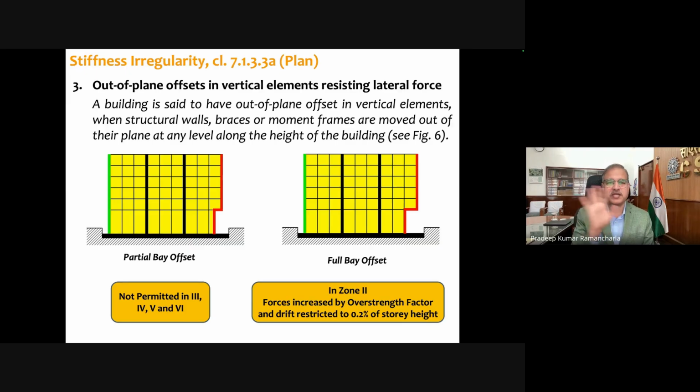This kind of offset is not permitted in zone 3, zone 4, zone 5 and zone 6. They are allowed only in zone 2. And even that, the code places a severe restriction: forces have to be increased by the overstrength factor, and drift has to be restricted to 0.2% of the story height. So this is a stringent clause. It is going to change the way we design.